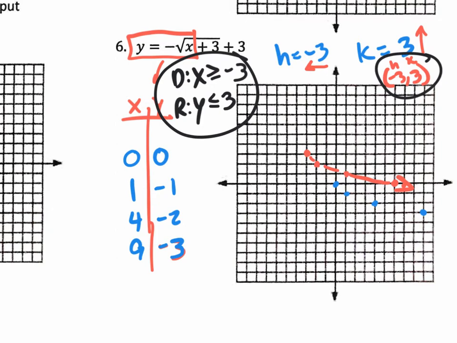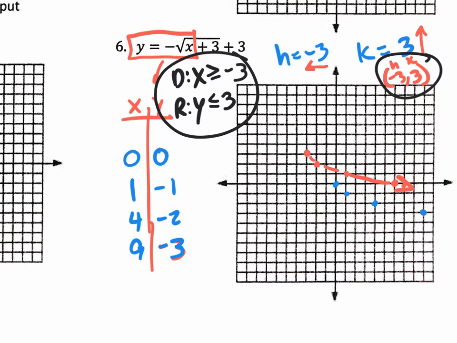I like to graph the original coordinates, ignoring the h and the k, and then shifting them according to h and k. If you don't like this visual shifting of 3 over and 3 up, you could do it numerically with these coordinates. What does a shift of 3 to the left actually mean? It means that you're going to go to each of your x values and subtract 3 from it.